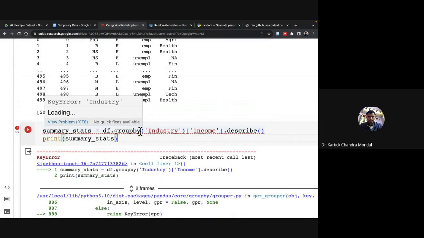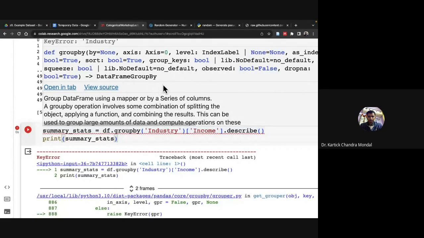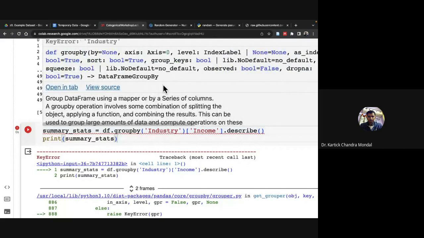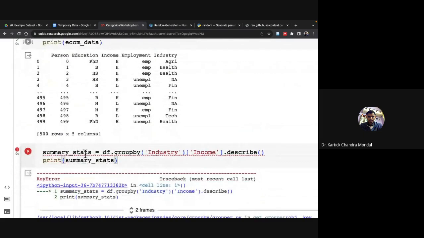I will group by industry, and then, okay, here we have ecom data, not the df. So ecom data.